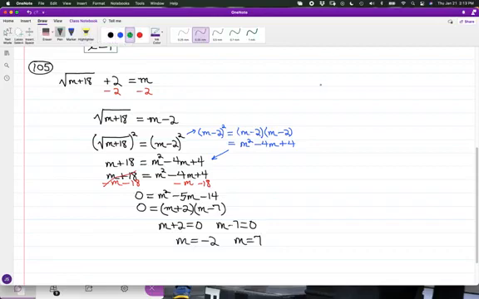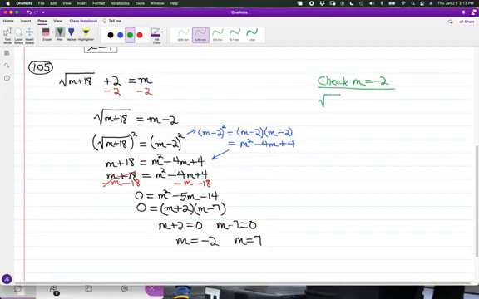Okay, and so if I check these values, see we have for m equal to negative 2. Now in checking, you don't have to write everything out, but just to kind of show you, again, we had the square root of m plus 18 plus 2 is equal to m.